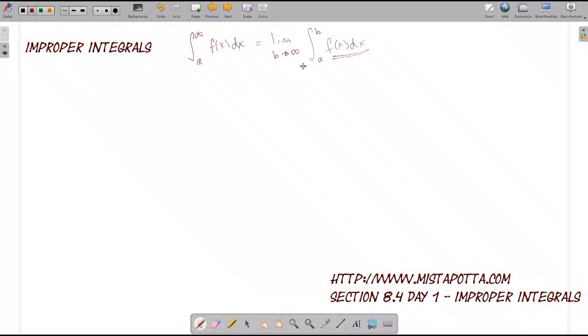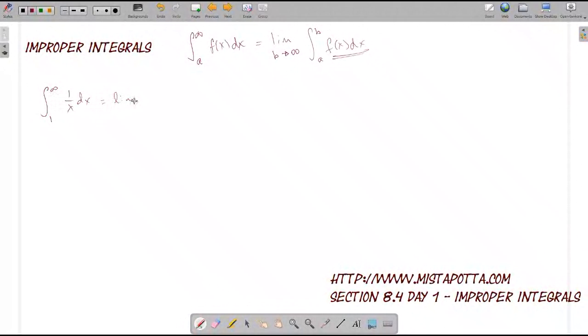So I want to go through a couple of examples here. So I'm going to go ahead and do an example for this function. Let's say I want to find the integral from 1 to infinity of 1 over x dx. Now remember, I can't actually substitute in infinity. I actually need to treat this as a limit.